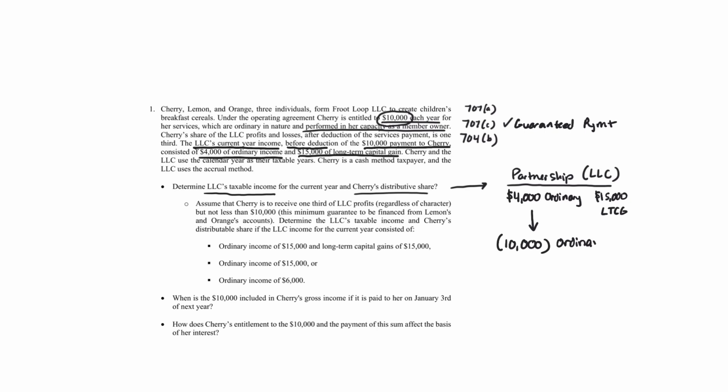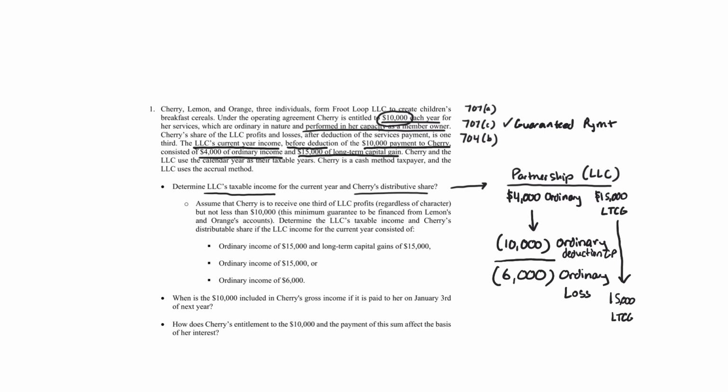That amount is always going to be treated as ordinary in character. So that's going to give us a $6,000 ordinary loss by the partnership. The $15,000 long-term capital gain keeps its characterization the same. That $10,000 of ordinary deduction from the guaranteed payment does not affect that number. Okay?